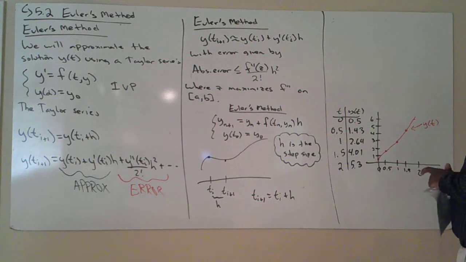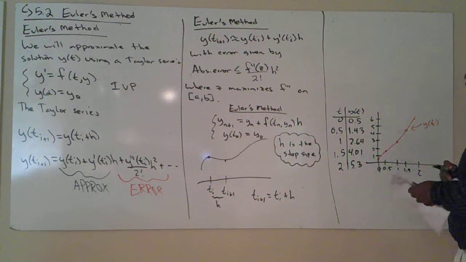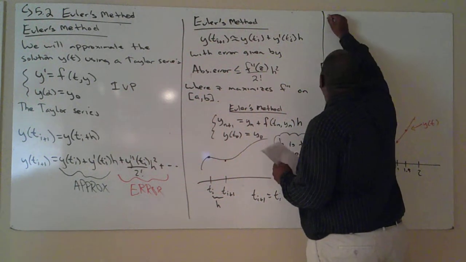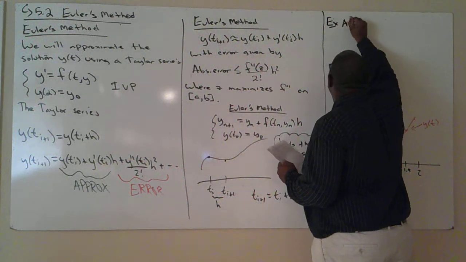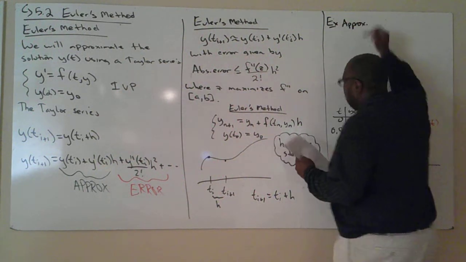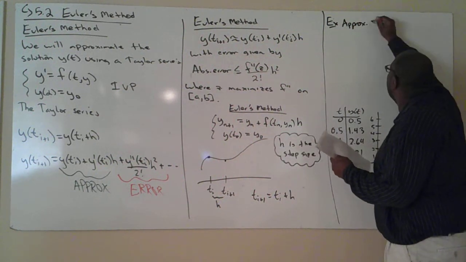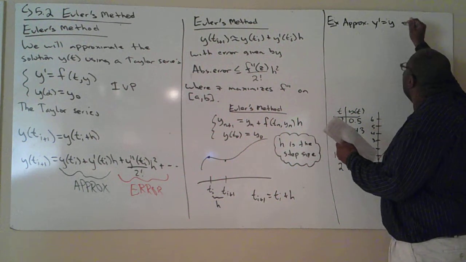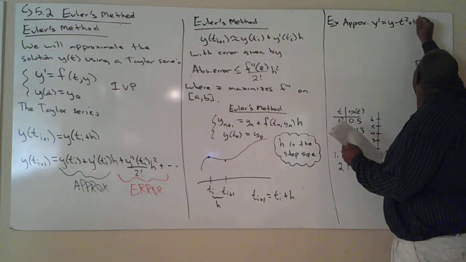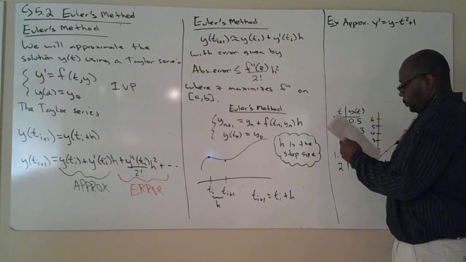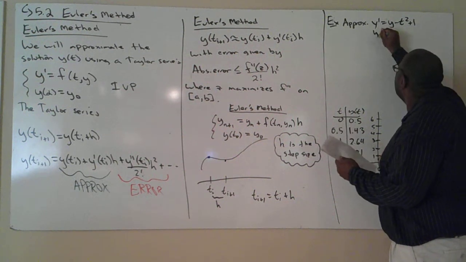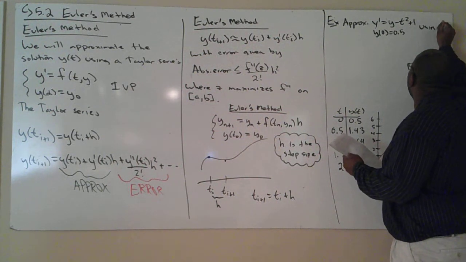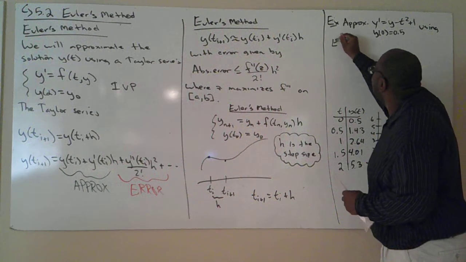Okay. So let's go back to our previous example. In this case we have y prime equals y minus t squared plus 1, y of 0 is equal to 0.5, using Euler's method.